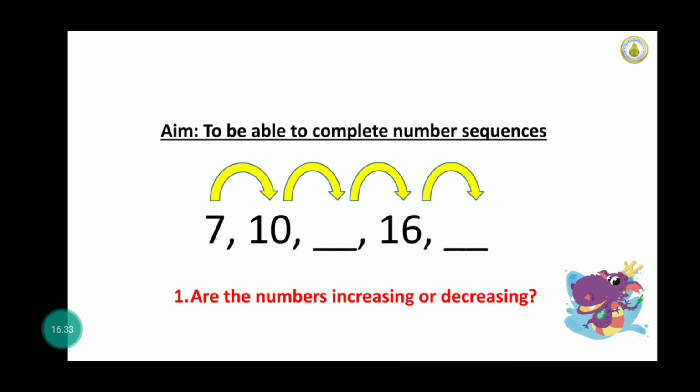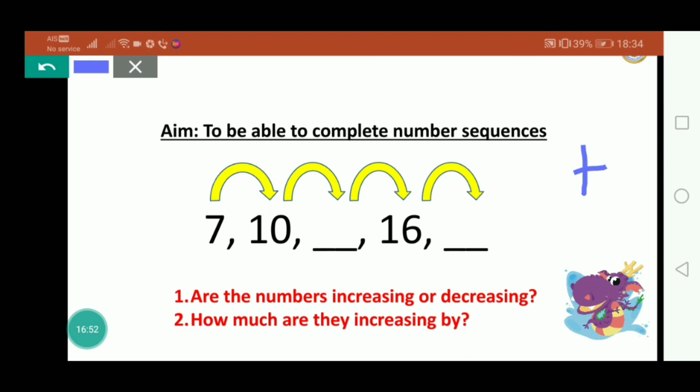How about this one? Are the numbers increasing or decreasing? Very good. It is increasing. That is why that should be addition. So this will be add. From 7 to 10, how many do you think did they increase by?